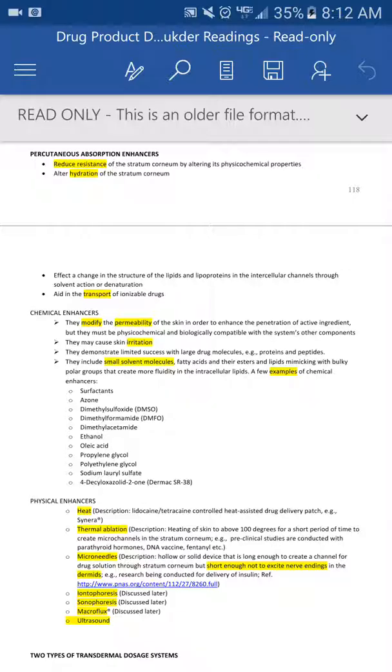Affect a change in the structure of the lipids and lipoproteins in the intercellular channels through solvent action or denaturation. Aid in transport of ionizable drugs.